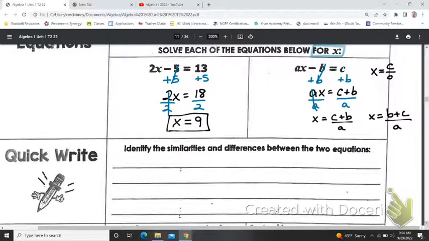I could write C over A plus B over A. Or, again, it could have been switched up and be B over A plus C over A.